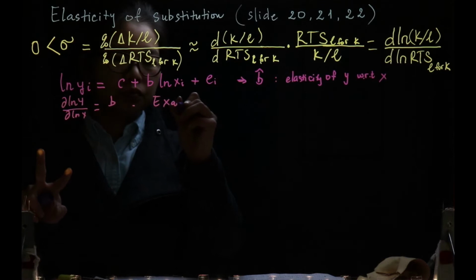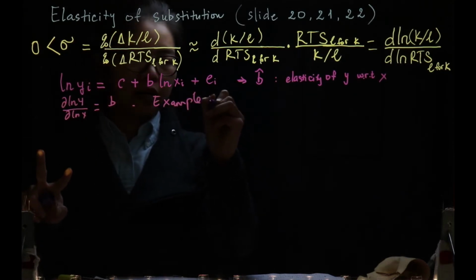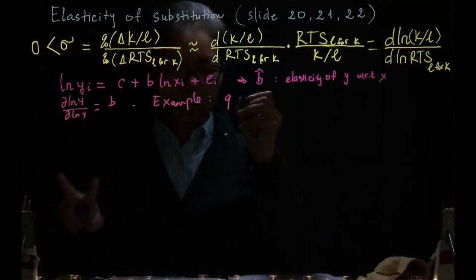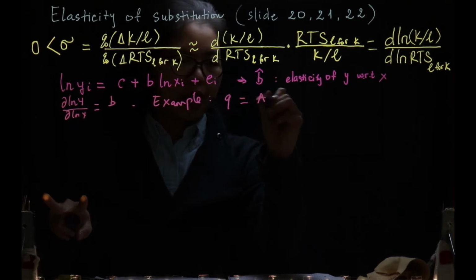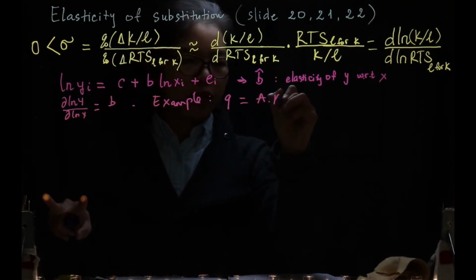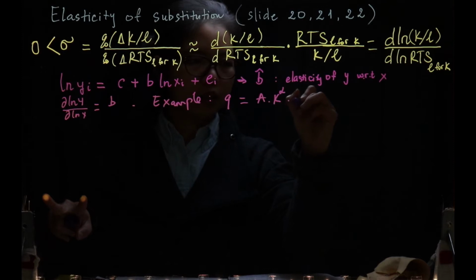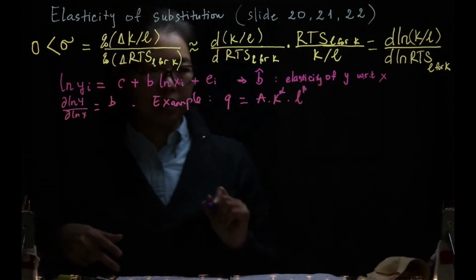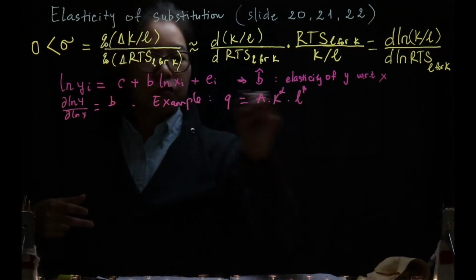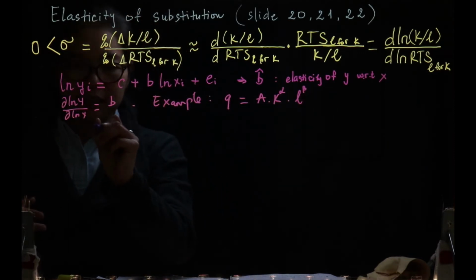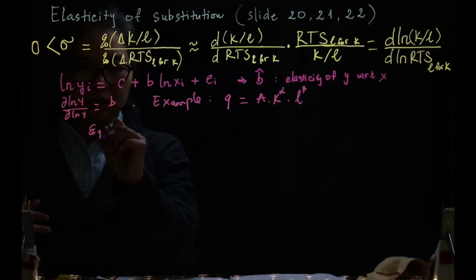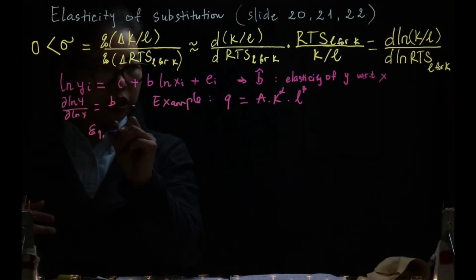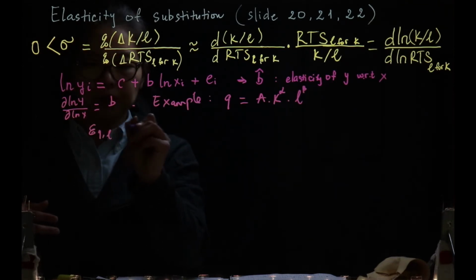Example, let's take our production function, the Cobb-Douglas, Q equals A times K to the power alpha times L to the power beta. This is what we saw last week, right? Let's first calculate the elasticity of output Q with respect to labor.